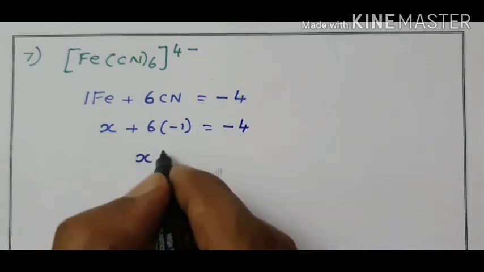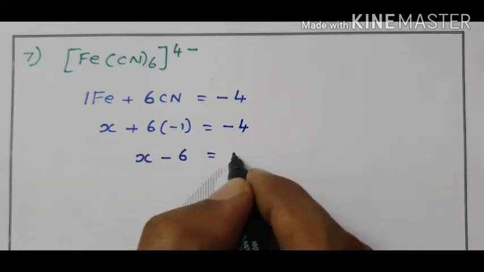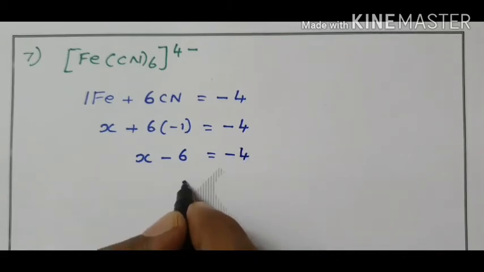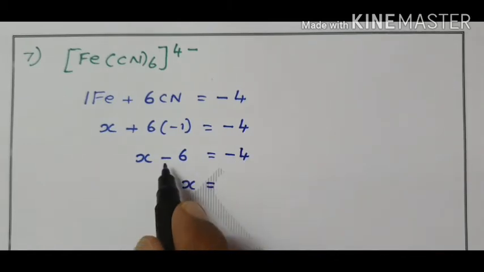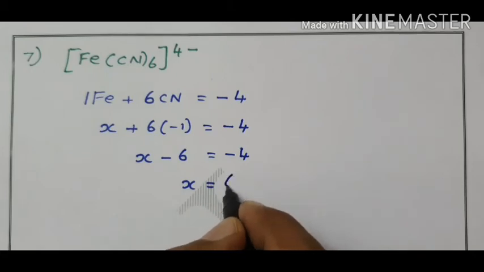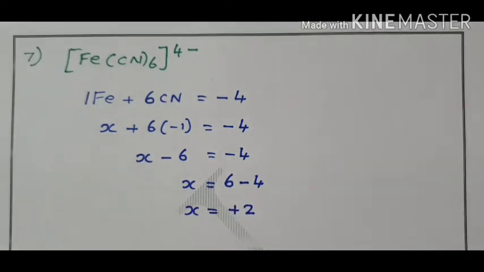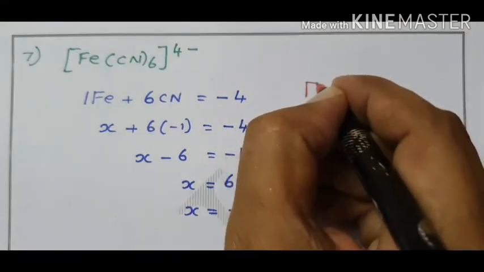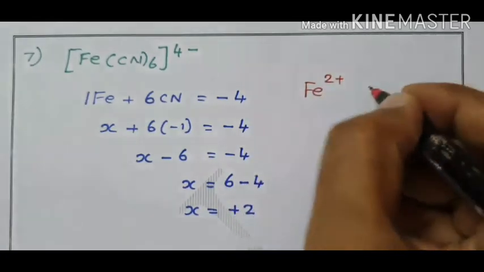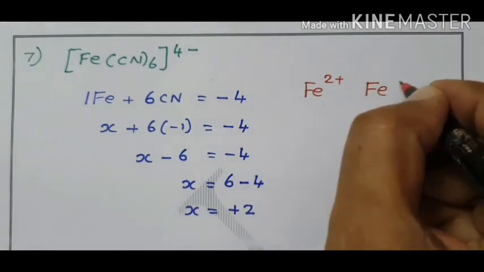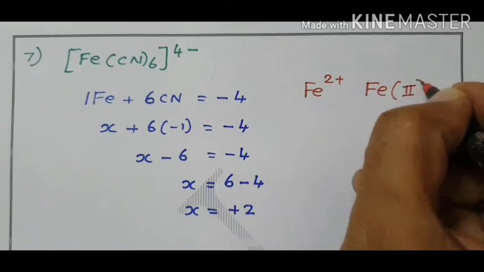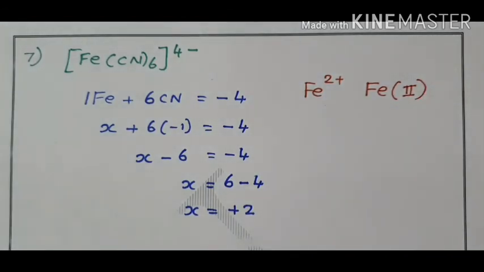We have to find out the oxidation state of Fe, put it as X. X minus 6 equal to minus 4. Bring the minus 6 to the right hand side, it becomes plus 6. 6 minus 4 equal to plus 2. Now the oxidation state of iron is 2 plus, ferrous ion. In IUPAC naming, it is given in Roman numeral Fe(II).